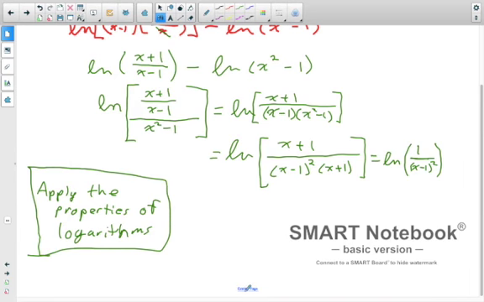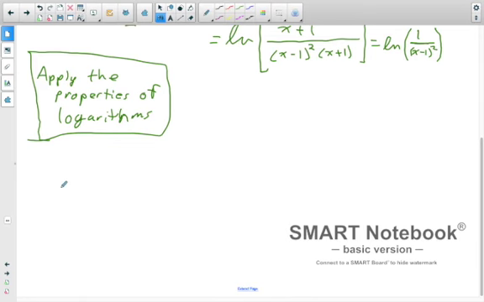So your options for remembering the properties are this. Either one, memorize them, which I don't necessarily recommend, though it works out quite well.